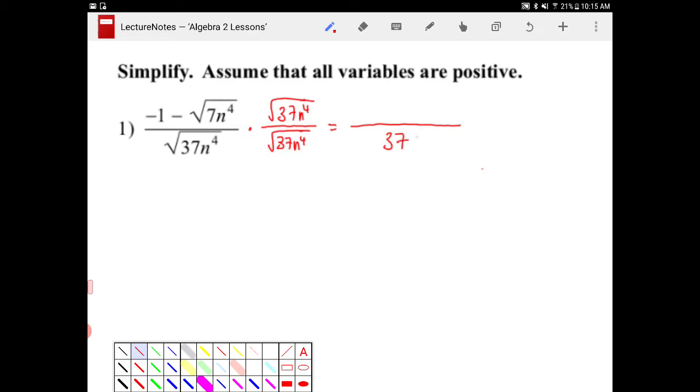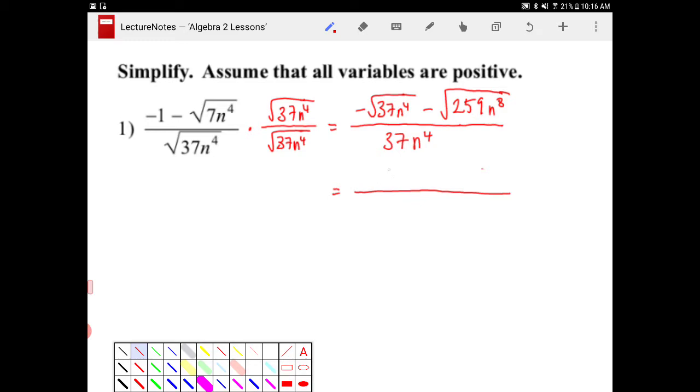This is 37n^4. In the numerator here, if I were to distribute this, I'll end up with negative radical 37n^4 minus, and if I were to multiply that through, I'll end up with 7 times 37, that would be 259, n^8. And of course, we have to continue simplifying because I notice that there are things that we can pull out of the radicals.